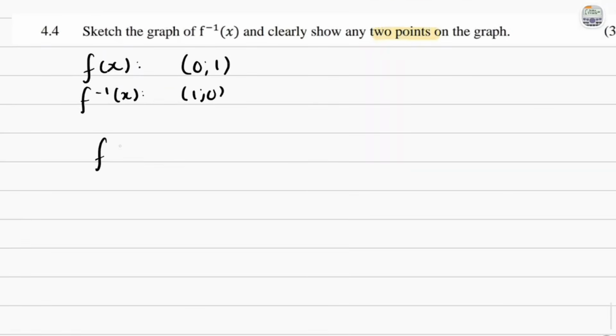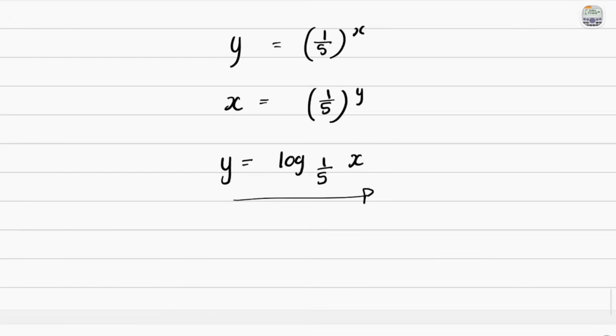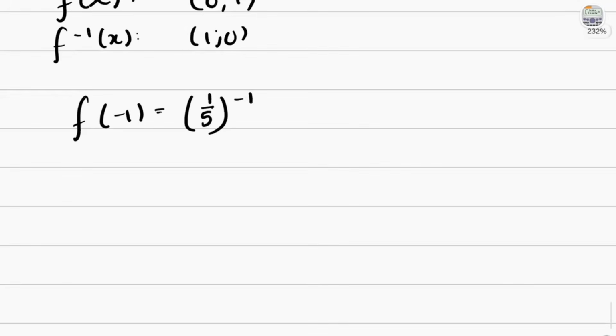We said f of -1, and we know that f is 1 over 5 raised to the power of x. So this is going to be 1 over 5 raised to the power of -1. The exponent is negative. To make the exponent positive, move the 5 to the numerator, move the 1 to the denominator. So you have 5 to the power of +1 over 1 to the power of +1, which is just 5.